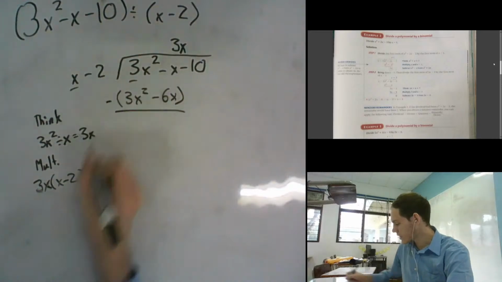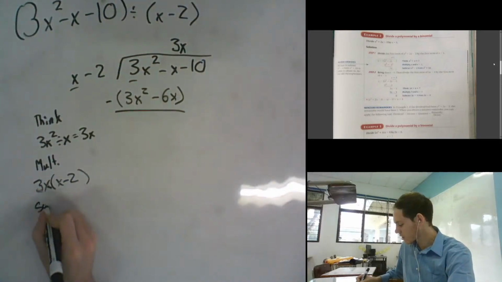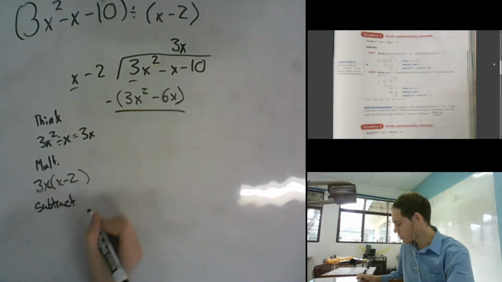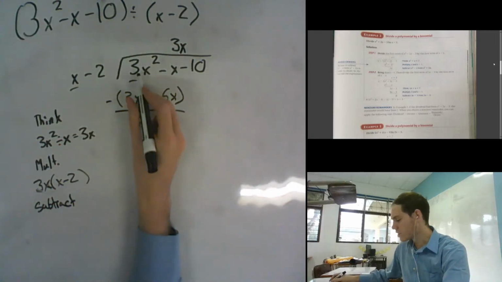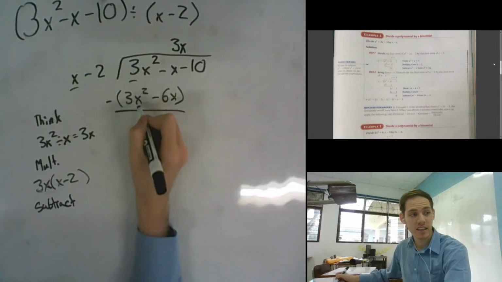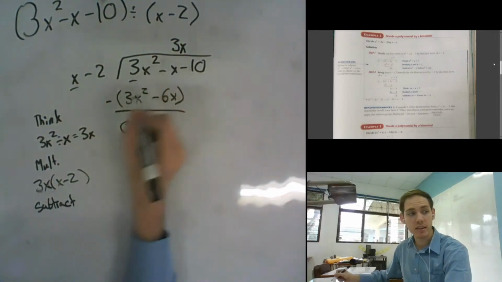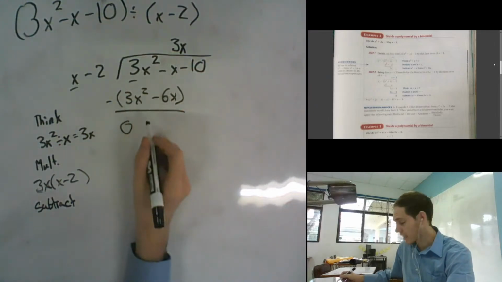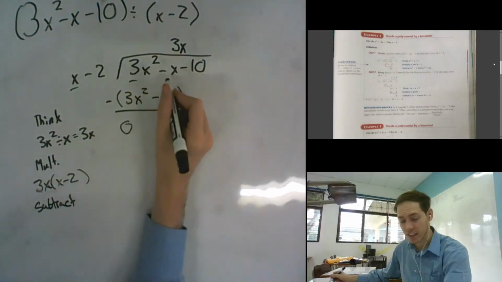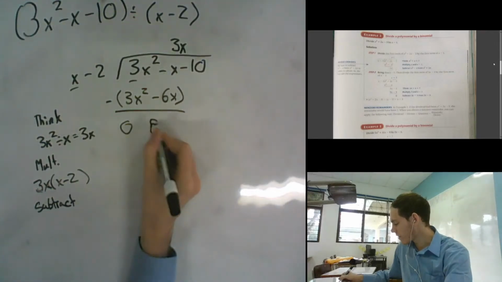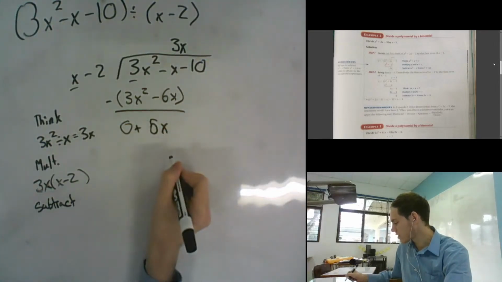Then we subtract it from above. So 3x squared minus 3x squared is 0. Negative x minus negative 6x is actually negative x plus 6x. So this is 5x. So we get plus 5x.